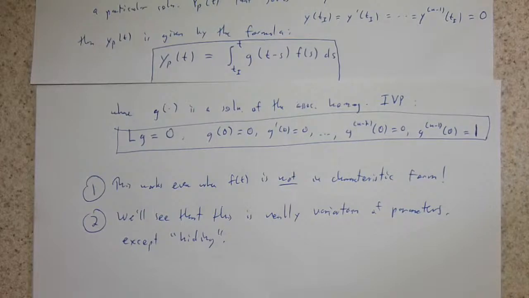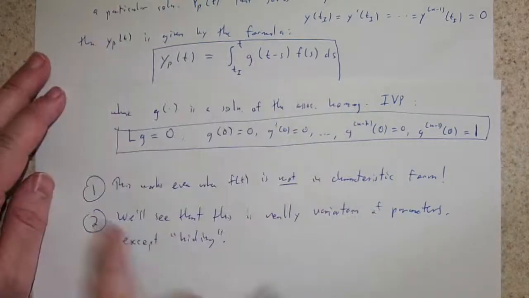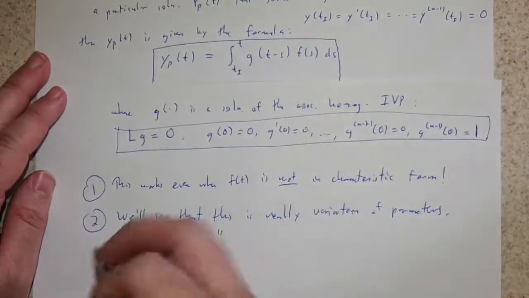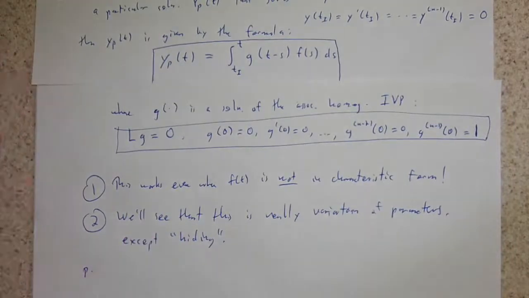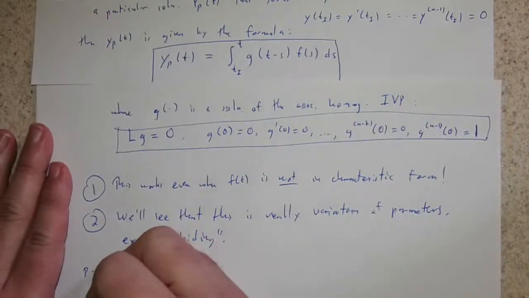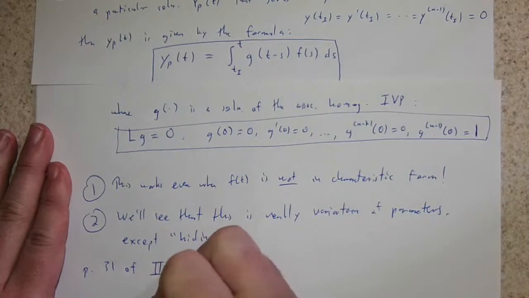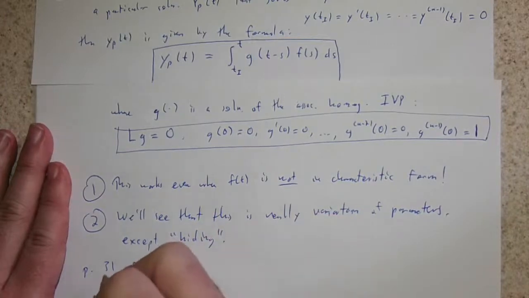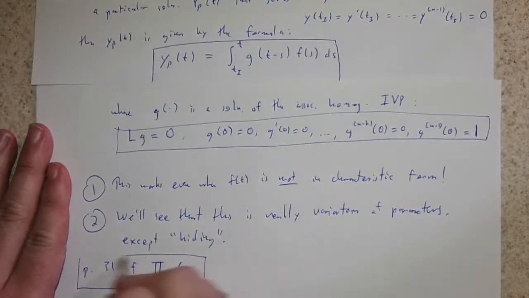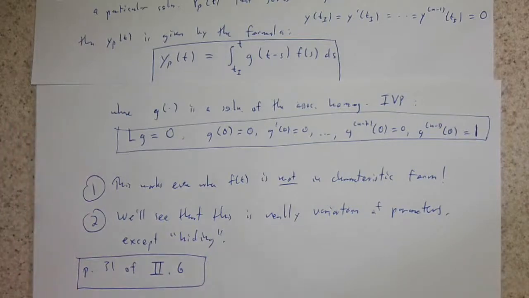So this whole discussion takes place, let me go back really quickly, starting on page 31 of chapter 2, section 6. But really, page 31, 32 is where the meat of this discussion happens.